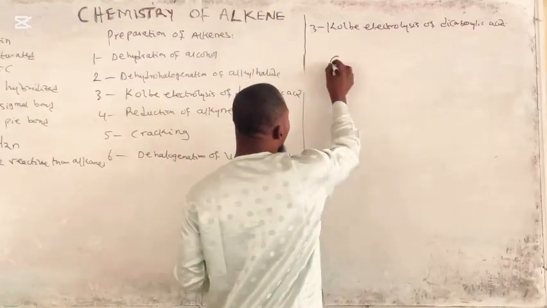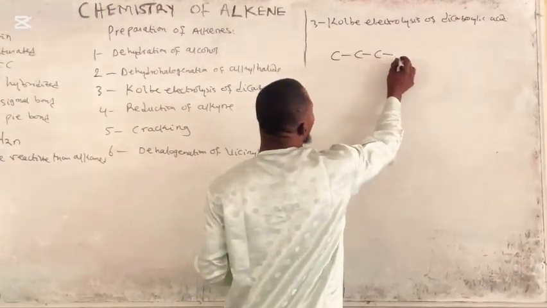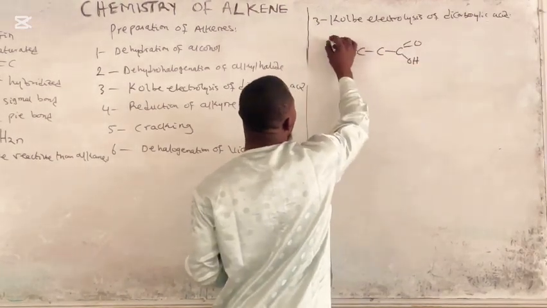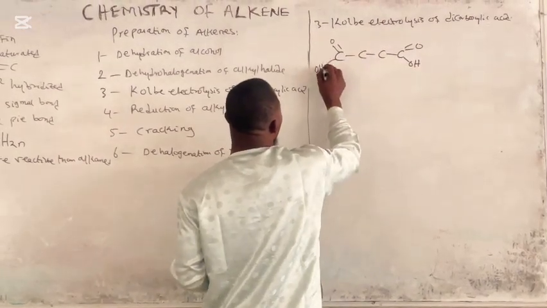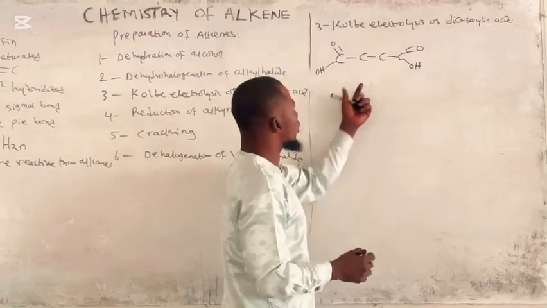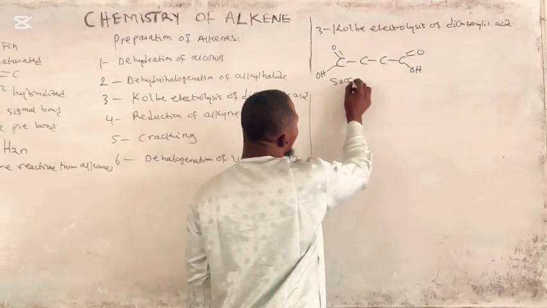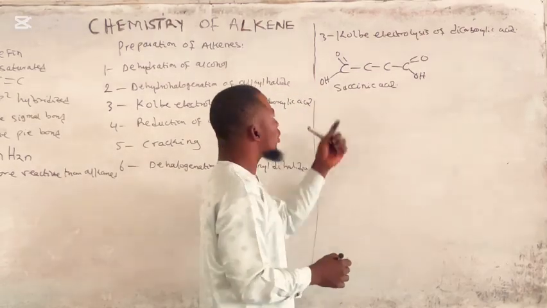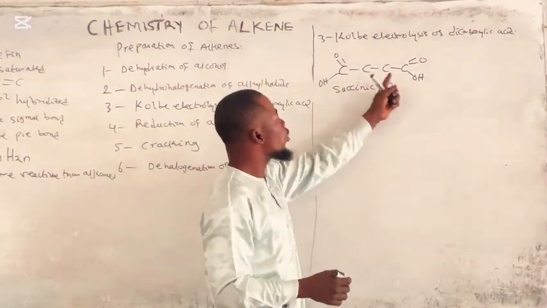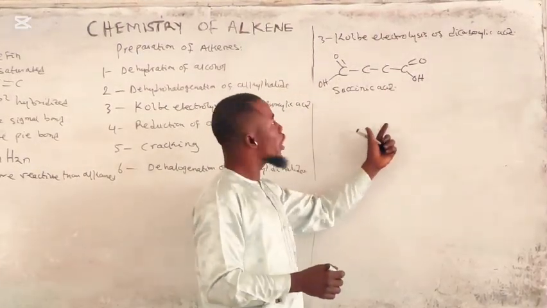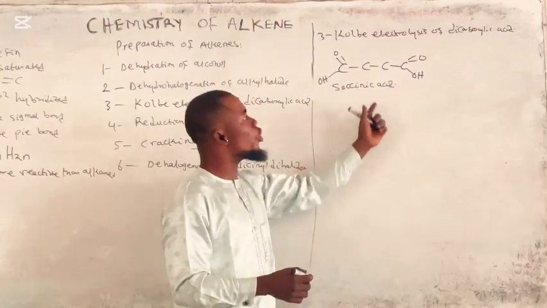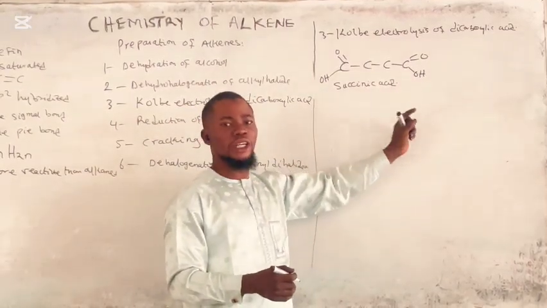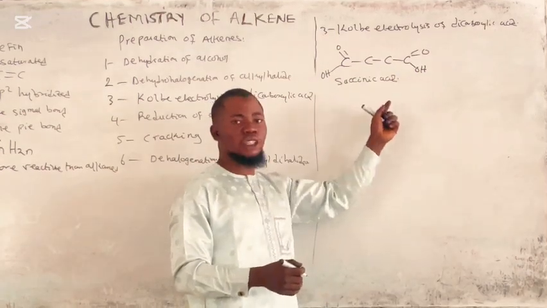So it's something like this. So this is succinic acid. It is the same thing as butane-1,4-dioic acid. Now, if this succinic acid undergoes electrolysis, it will produce an alkene, majorly ethene plus carbon dioxide plus hydrogen.